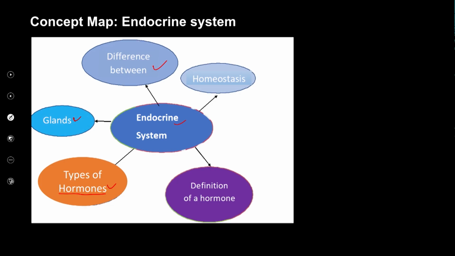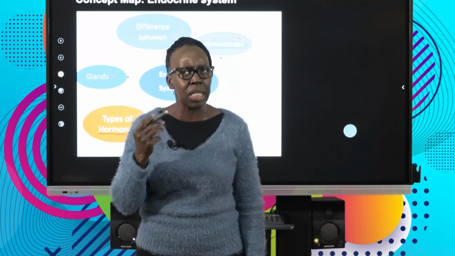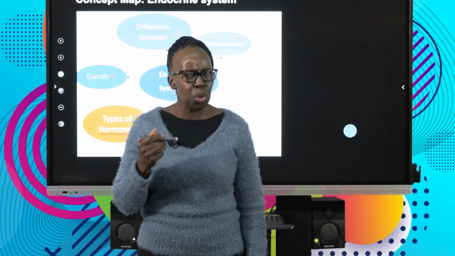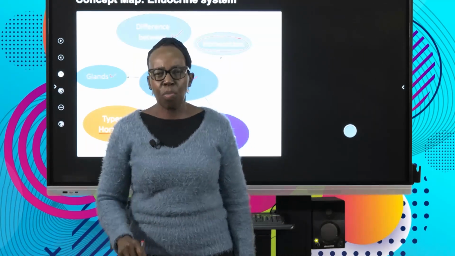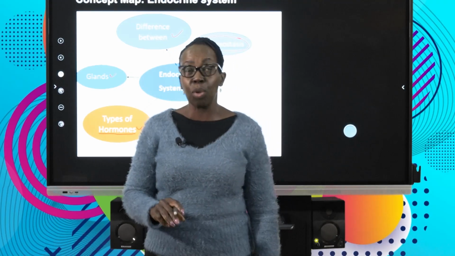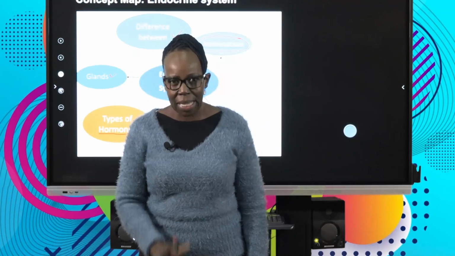And now we're going to look at this part, homeostasis. What is really homeostasis? I believe this word is now resonating in your brains. You're trying to remember what homeostasis means. Remember, hormones are those secretions that are secreted by the glands.